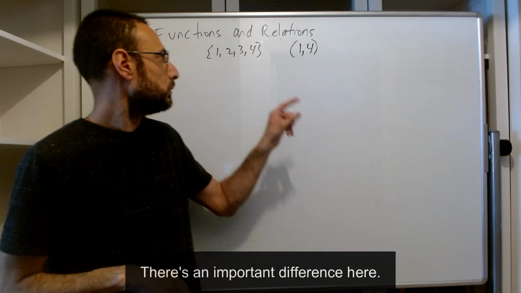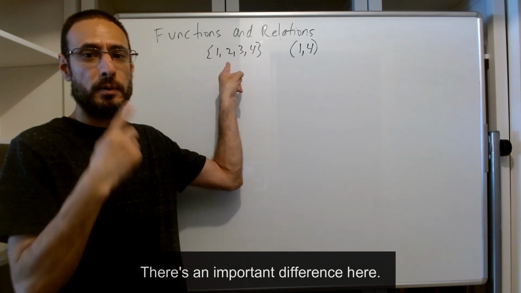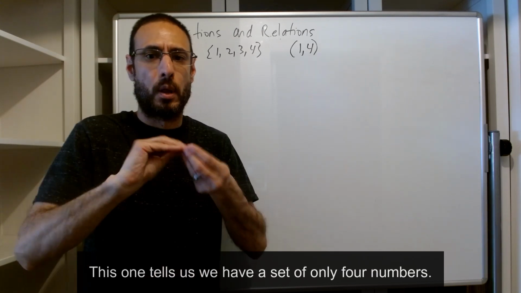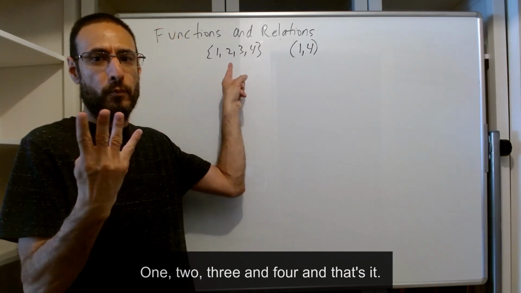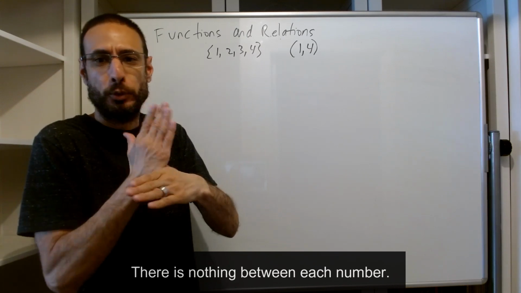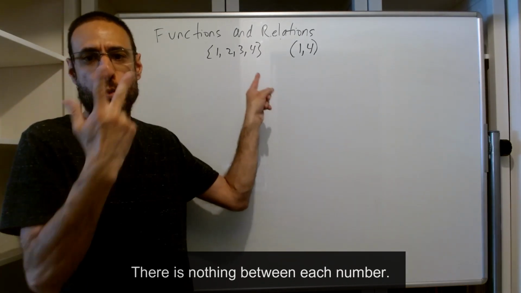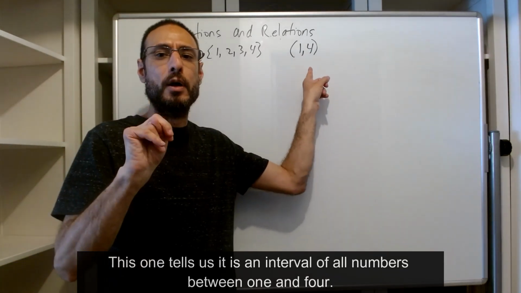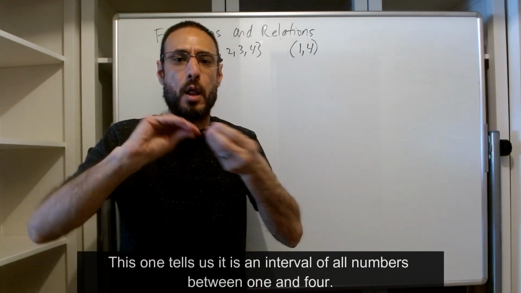There's an important difference here. This one tells us we have a set of only 4 numbers. 1, 2, 3 and 4, and that's it. There is nothing between each number. This one tells us it is an interval of all numbers between 1 and 4.